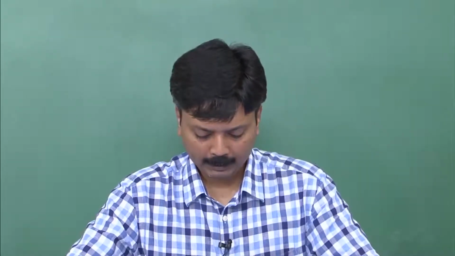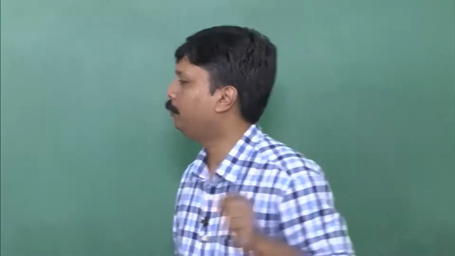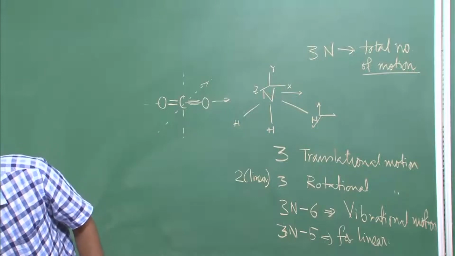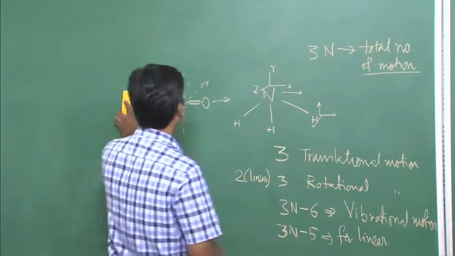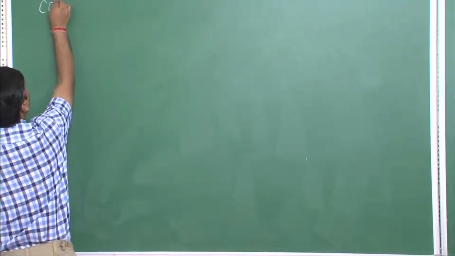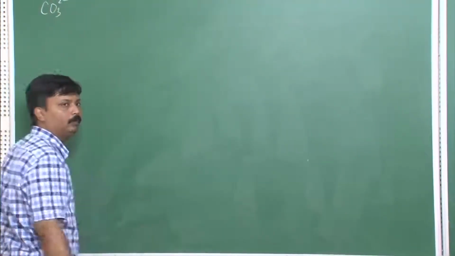So we will take an example of a planar molecule, that is carbonate ion. So we will be talking about CO3 2 minus. Okay.